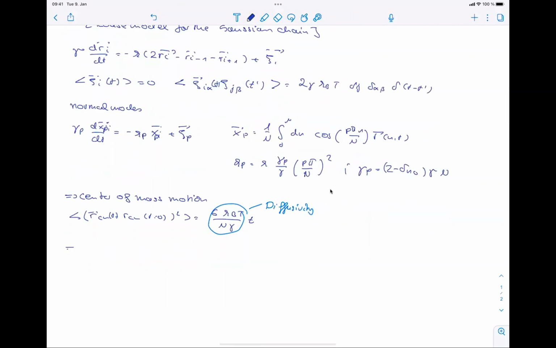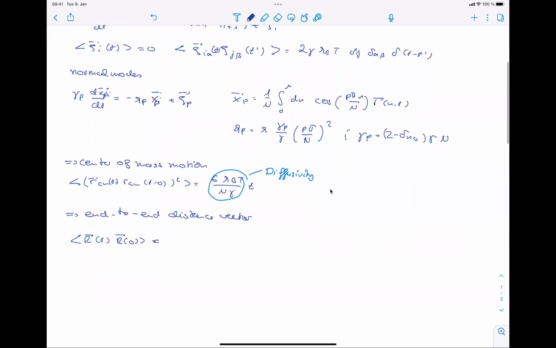And then to learn about the internal dynamics, we looked at the end-to-end distance vector. And learned that these dynamics tell us about the response of the system. So first of all, this ended up being a sum over the different modes.